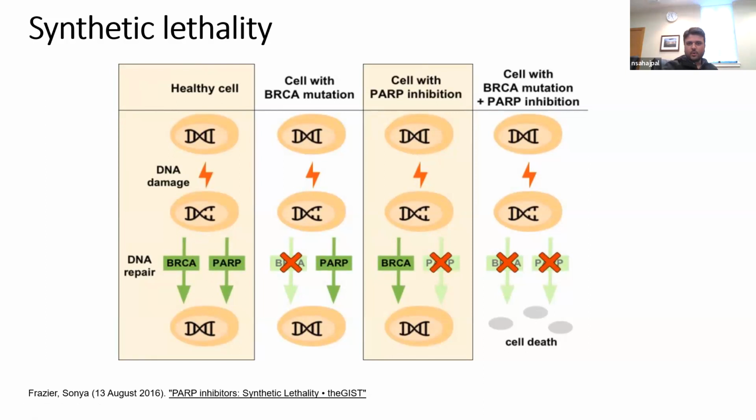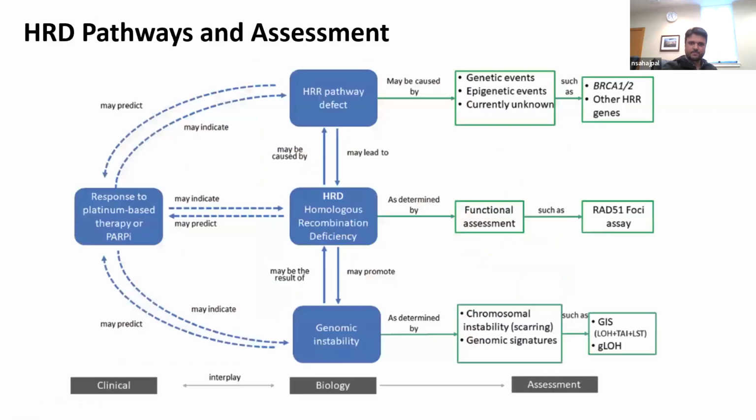If you can recognize HR deficiency or BRCA deficiency, you can inhibit PARP, which will result in additional accumulation of double-stranded breaks, and the cell will undergo apoptosis and cell death. So this is the mechanism that is leveraged in HR deficient cells or tumors.